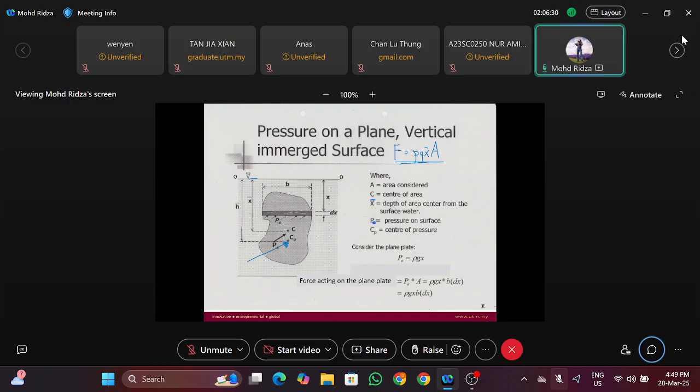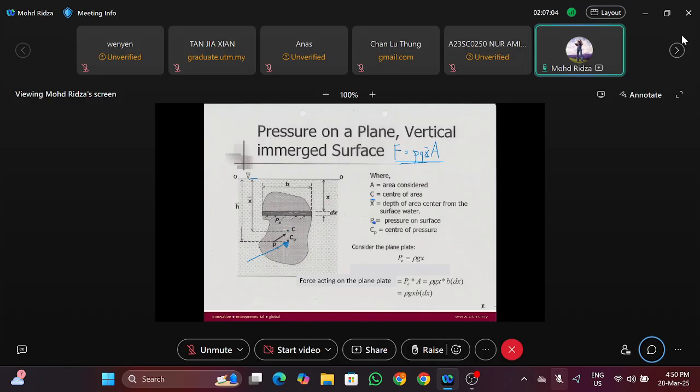The first C here is the centroid of the object, where you use it to identify X bar. Right? You use it to identify X bar. Centroid of the object. Once you have your F, you need to calculate CP. You need to identify where CP, the center of pressure, is, because this is the location where the force acts.